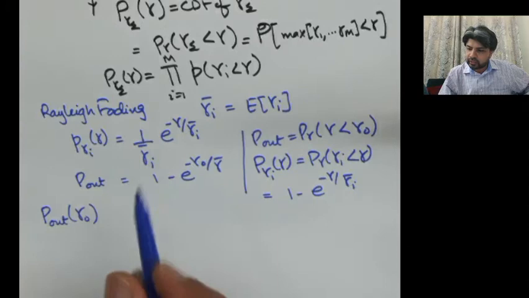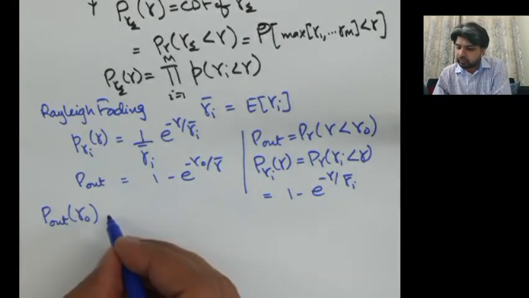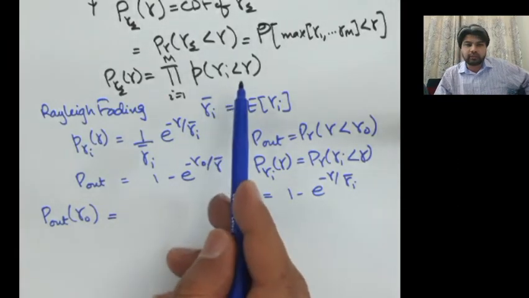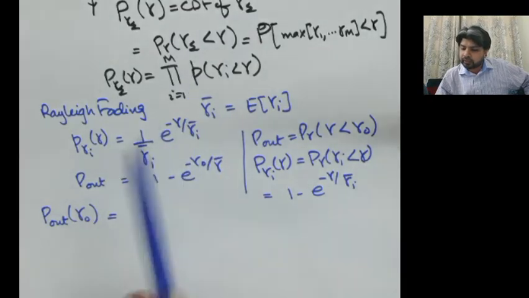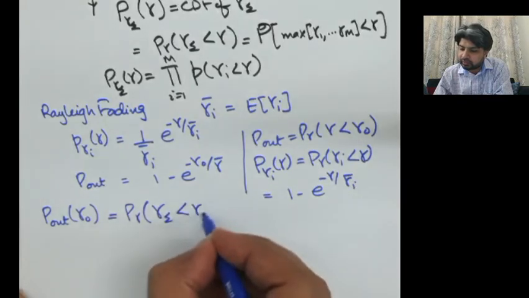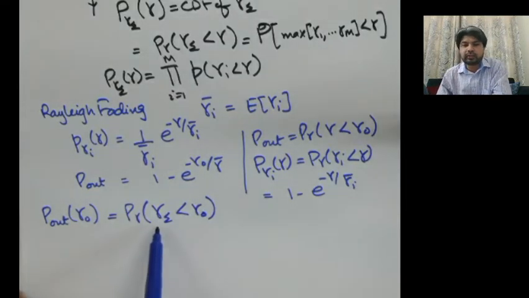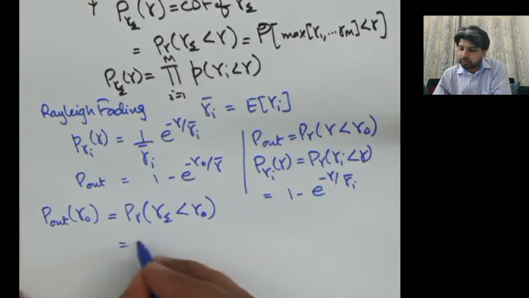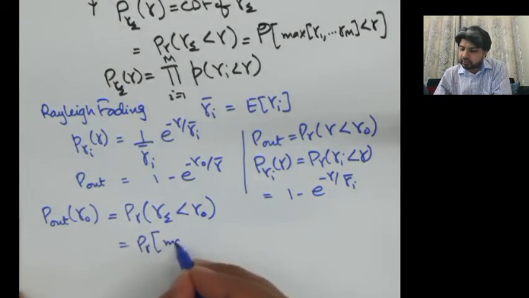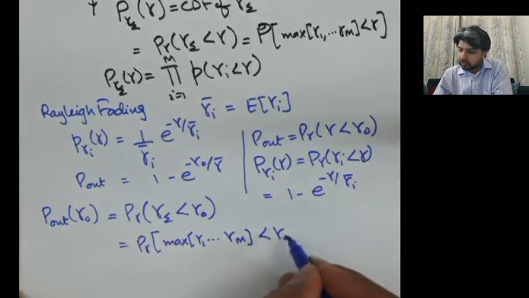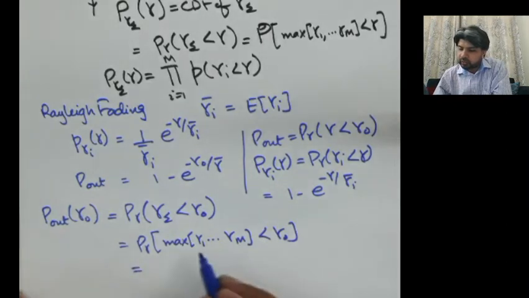And we have seen that the outage probability for gamma sigma would be the probability that all of these branches are less than gamma naught. So P out would be equal to the probability that gamma sigma is less than gamma naught, right? Where gamma sigma is the branch with the maximum SNR. That would mean the probability that max of gamma 1 all the way to gamma M is less than gamma naught, and that would be equal to all of these branches individually from 1 to capital M being less than gamma naught.